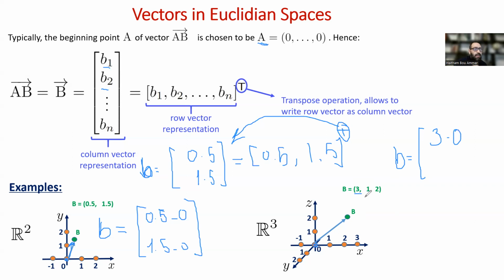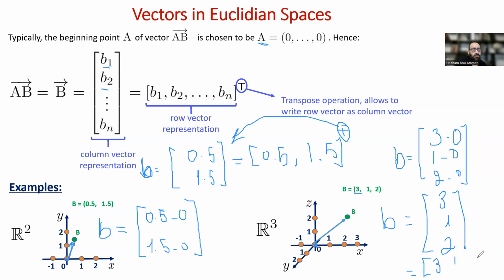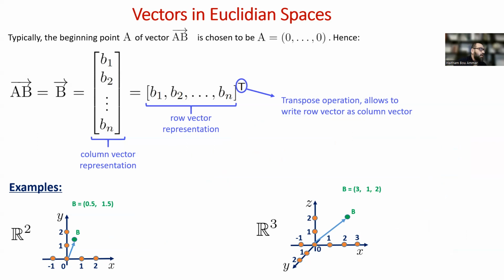Then you would have 1 minus 0, and 2 minus 0. That gives you a vector of 3, 1, 2, which we can write in bold as 3, 1, 2, or we could also write it as a row vector 3, 1, 2, and say, okay, I would like to transpose it. Those are some examples of what we actually meant by this.